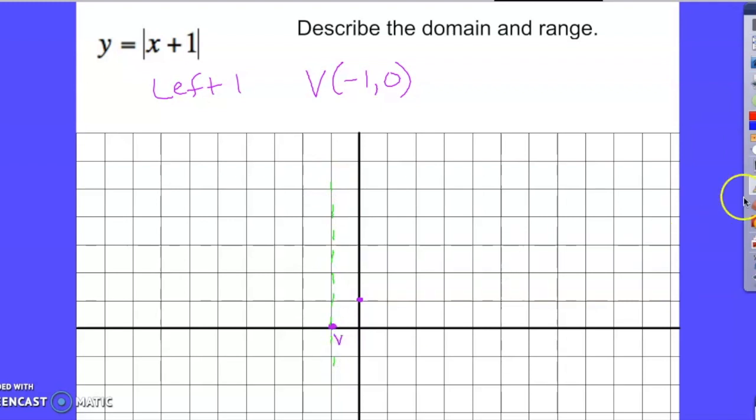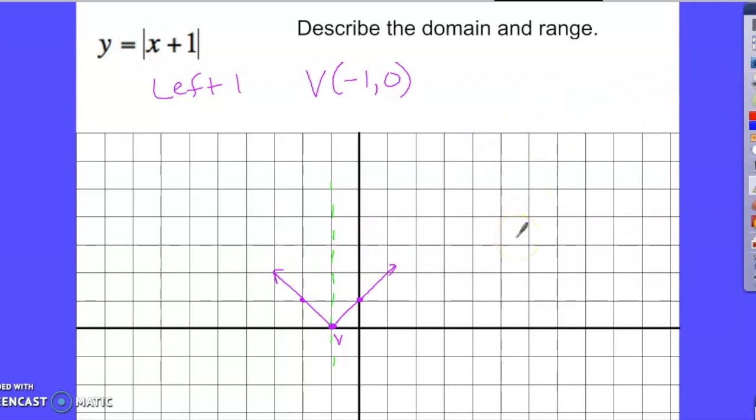And then you're going to mirror the point onto the other side of that dashed line to get that V shape. And once you have your points, we're going to go ahead and graph. So there's our graph of our first function, y equals absolute value of x plus 1.